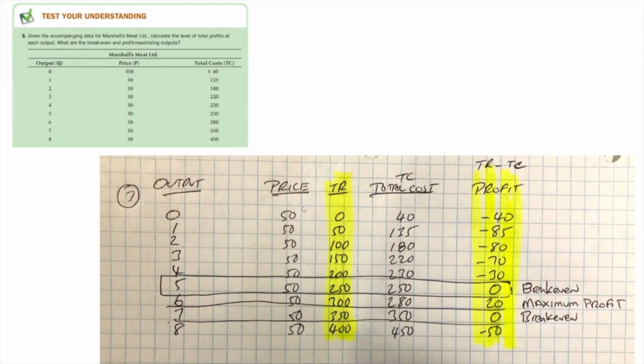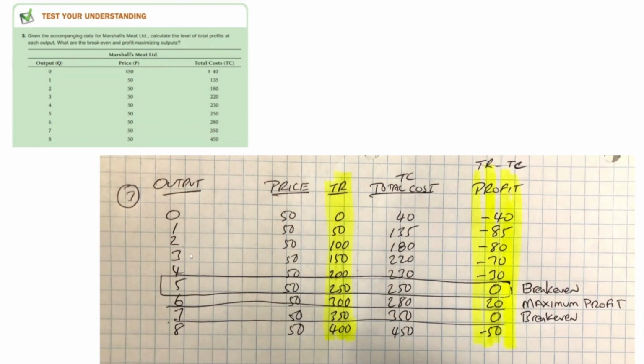So 50 times 0 is 0, 50 times 1 is 50, 50 times 2 is 100, and so on. So there's our total revenue. Here's our total cost as dictated right here. So if our total revenue is 0 and our total cost is 40 by making nothing, our profit is minus 40 by not producing anything.